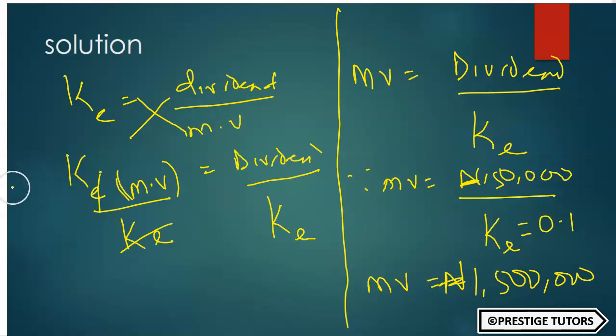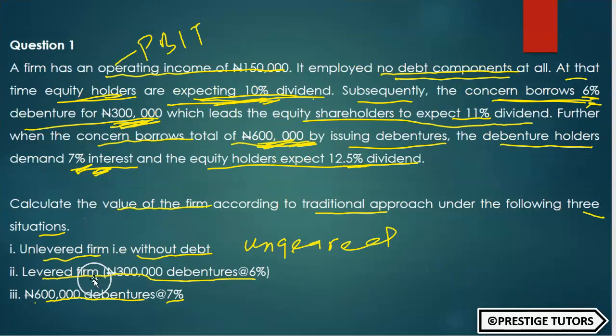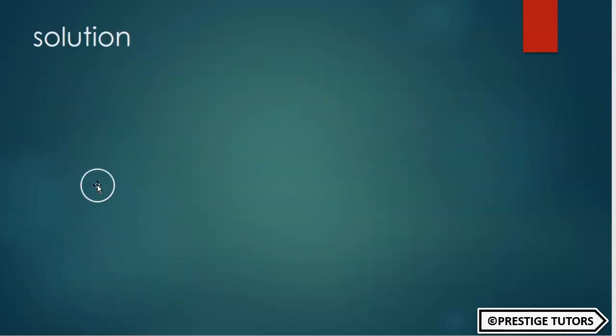Now, going further, the question says when the company has 300,000 naira debt at 6%, what will be the value of the firm? Will the value drop? Will the value increase? Now, how do we do this?